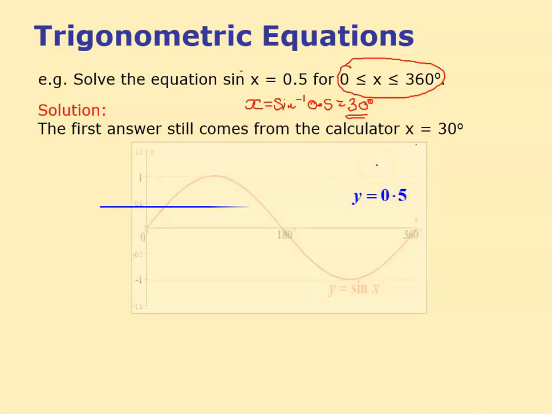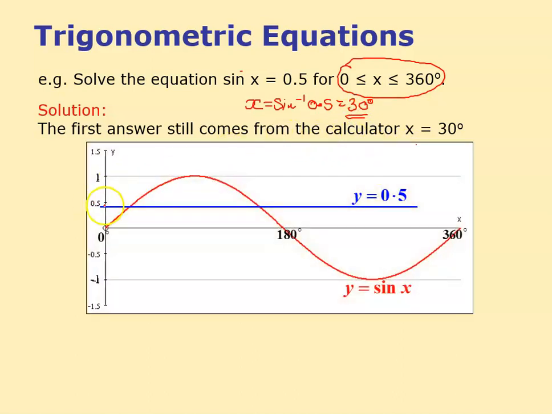And if I look at the graph of that, that basically comes from this idea. I'm not sure quite why that blue line's a little bit lower than it needs to be. Imagine that's 0.5. That 0.5 line goes across here, and this is 30 degrees. That's the solution. That's where the, if you like, the red sine x graph hits the line 0.5.